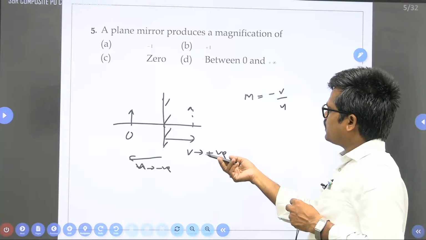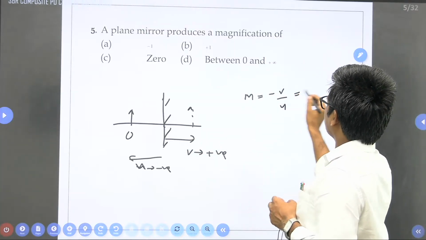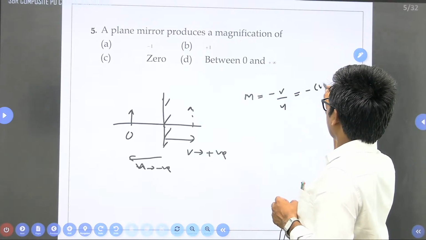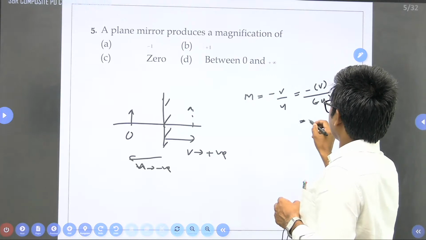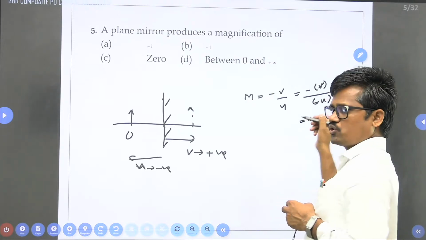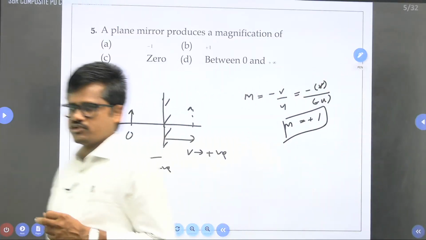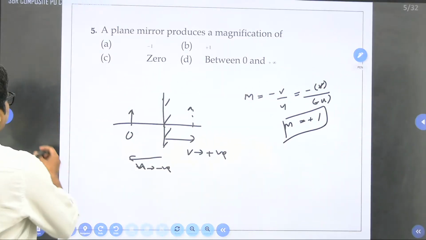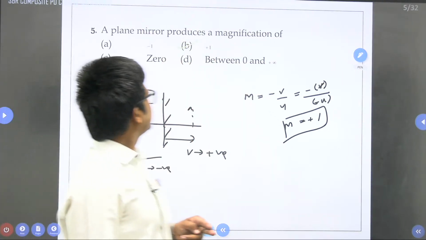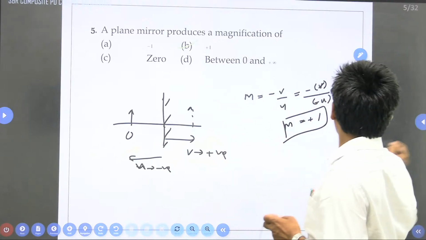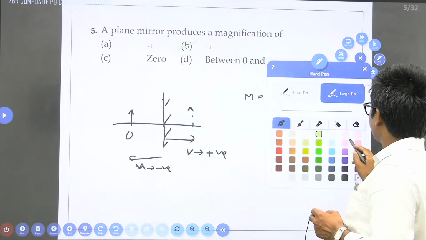So one thing is there, we can say the distance of image and distance of object are the same, and so minus here, V is positive and U is negative, minus into minus is plus, and V equals U. What magnification are you getting? Distance of image equal to distance of object. Got my point? So therefore, I'll say here the magnification of a plane mirror will be 1. Done? Okay.